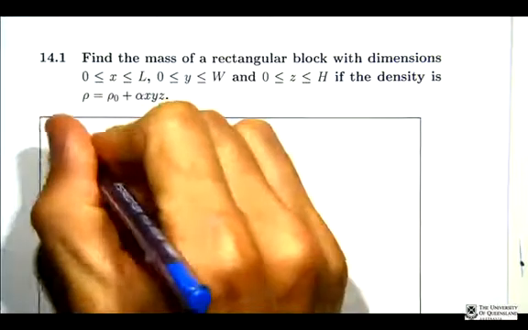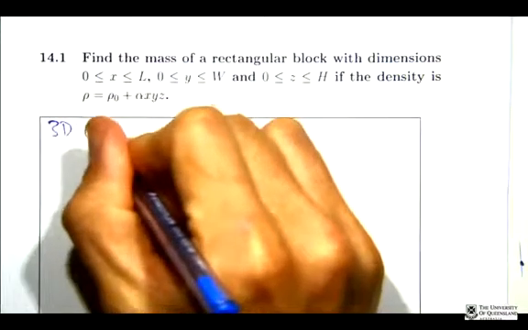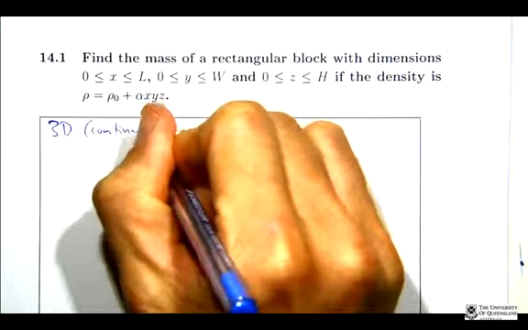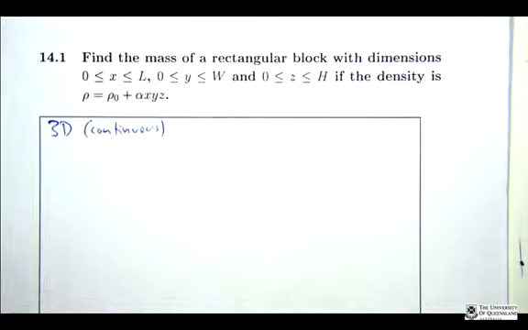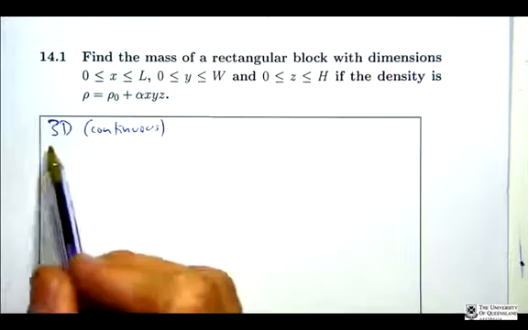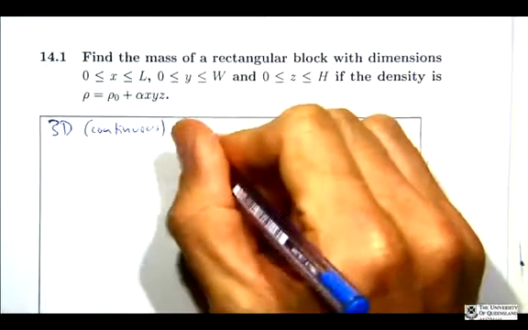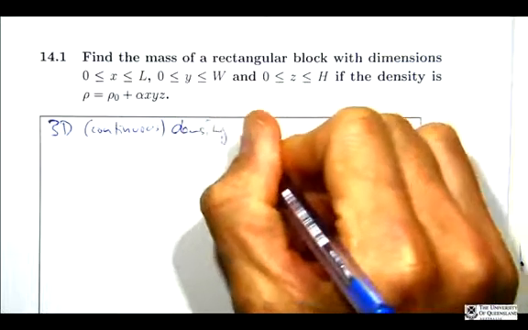This discussion is going to progress much like the discussion we had in yesterday's lecture about density functions and mass of objects. So let's say we've got a three-dimensional continuous density function.